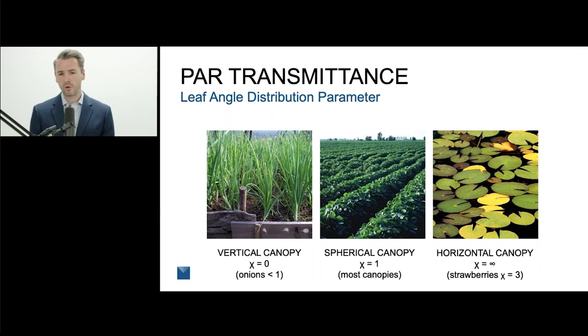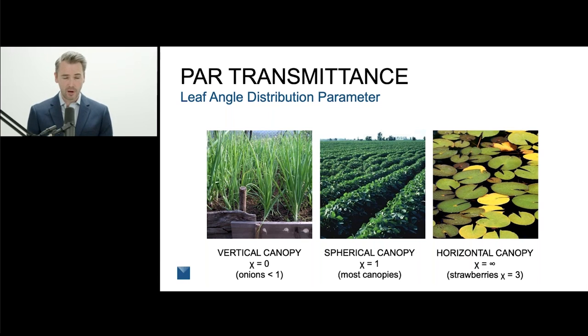On the other side, looking at that horizontal canopy on the right, as your horizontal component increases relative to your vertical component, and that vertical component approaches 0, your chi value will then approach infinity. Again, there's no such thing as a perfectly horizontal canopy. So something that is highly horizontal, like strawberries, is going to have a chi value of 3.